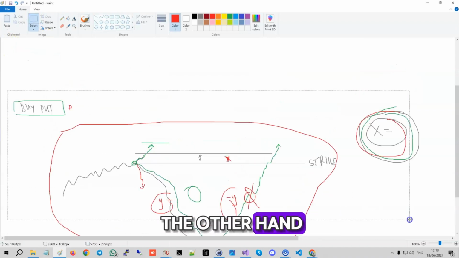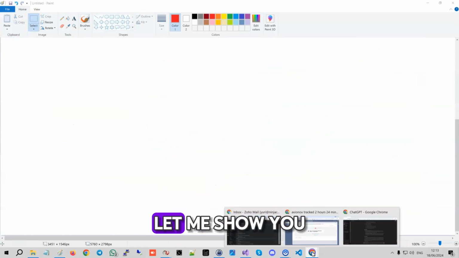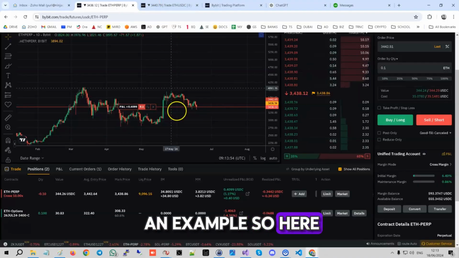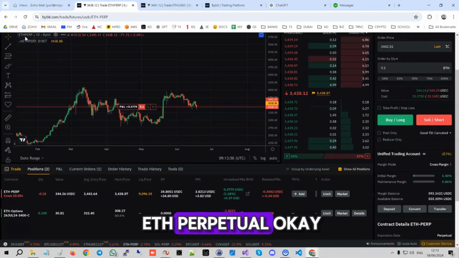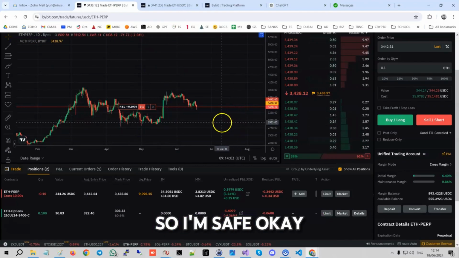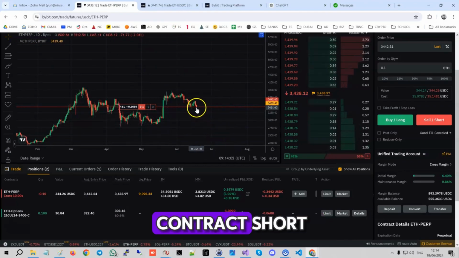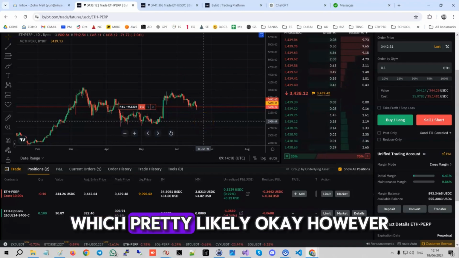On the other hand, if you want to trade short, let me show you an example. Here is an ETH perpetual. This futures contract is not going to expire, so I'm safe. I opened the contract short, expecting it to hit this zone here, which is pretty likely.